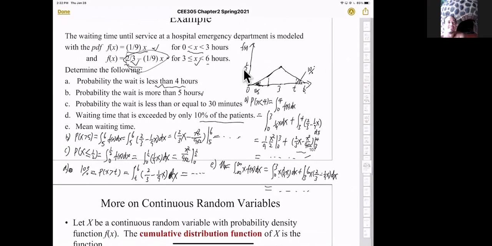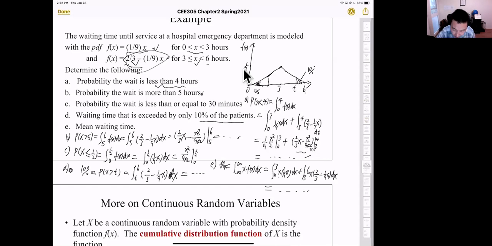I'm still confused about D. Is that 100 over 0 or is that 10%? In part D, 10% of the patients.